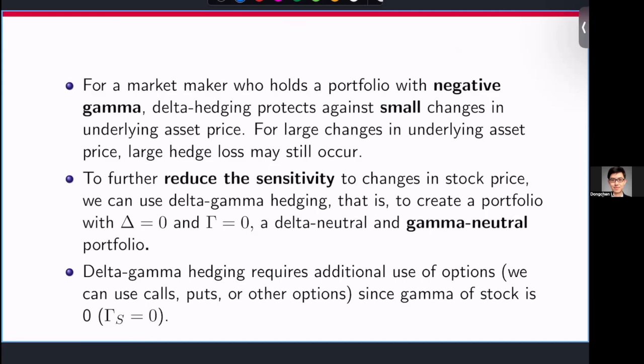But for large changes in the underlying asset price, large loss may still occur. To further reduce the sensitivity to changes in the underlying asset, the market maker can perform so-called delta gamma hedging. That is to create a portfolio with both delta and gamma being zero, so such a portfolio is both delta neutral and gamma neutral.